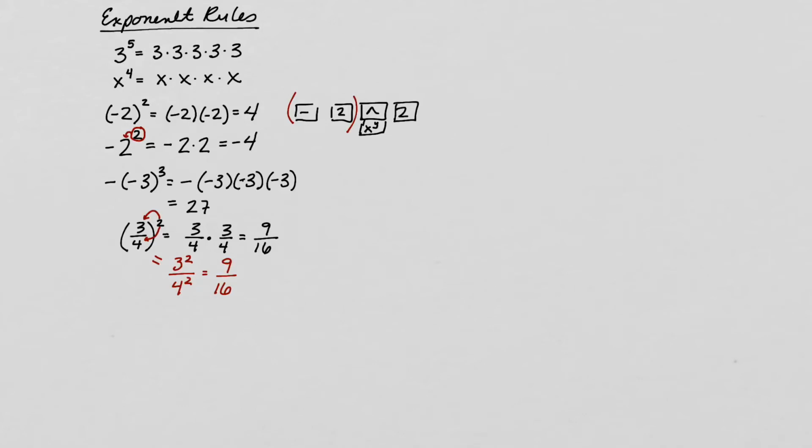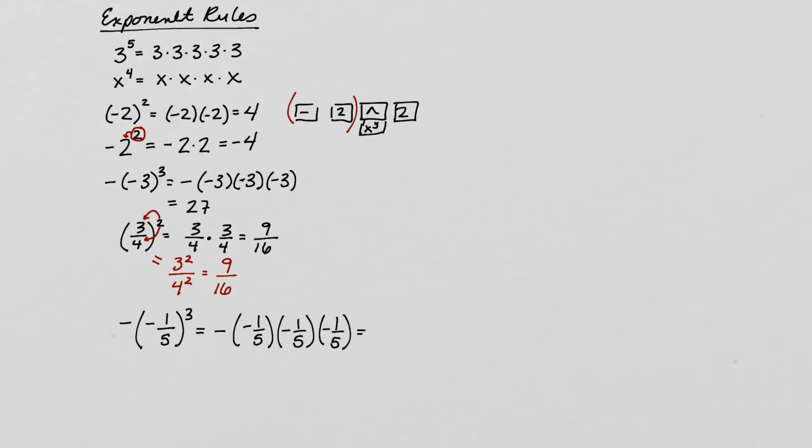For instance, if I had negative 1/5 cubed, the first negative is this negative here, so I'm just carrying it over. Then I've got negative 1/5 times negative 1/5 times negative 1/5.